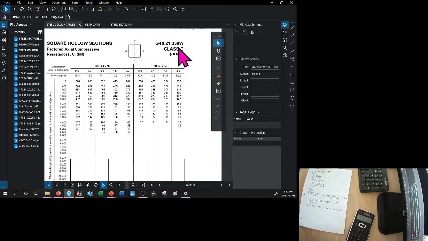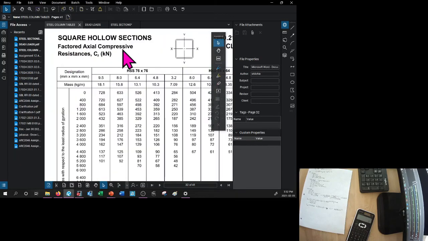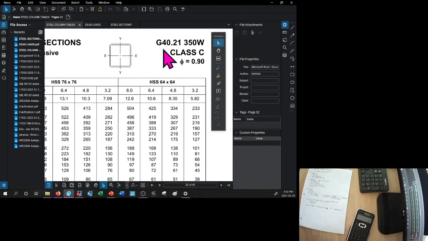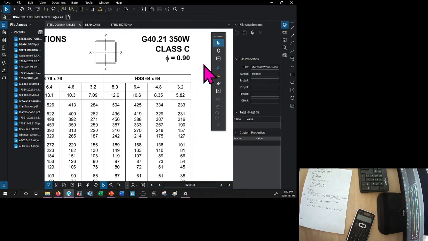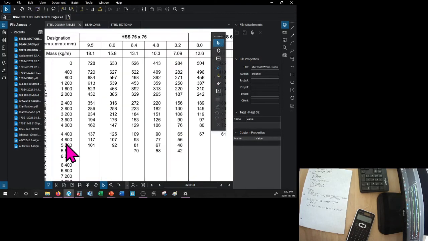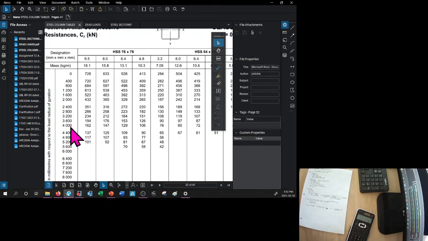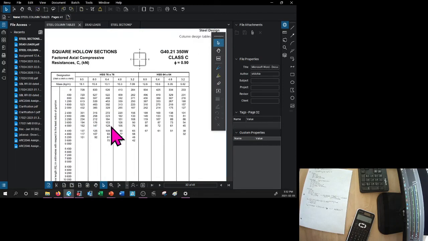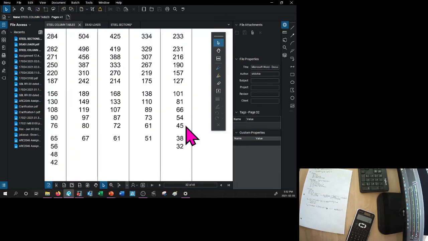So we have, we're talking about our factored axial compressive resistance, CR in kilonewtons, for a square HSS, that's 350W, using a reduction factor of 0.9. We have an HSS 64 by 64 by 3.2. And we have a column that is 4 meters tall. Let's come over here.